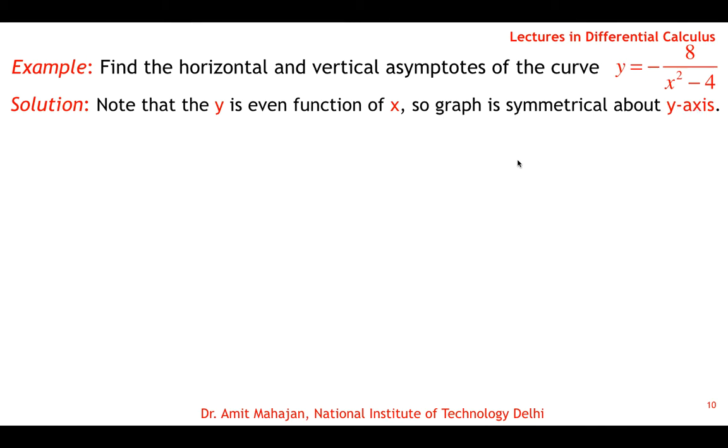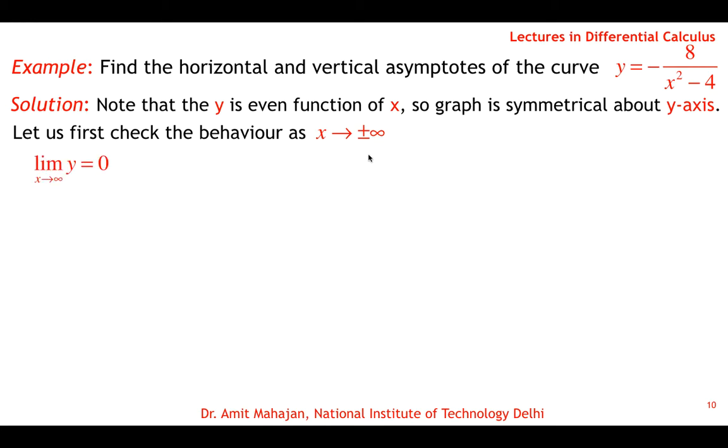about the y-axis. Okay, so for the horizontal asymptotes, we will first check what happens when x goes to plus infinity or minus infinity. Okay, when x goes to plus infinity, y goes to 0. Okay, and by symmetry, obviously when x goes to minus infinity, y goes to 0, because it is symmetric about the y-axis.